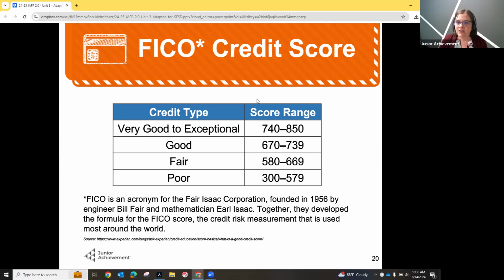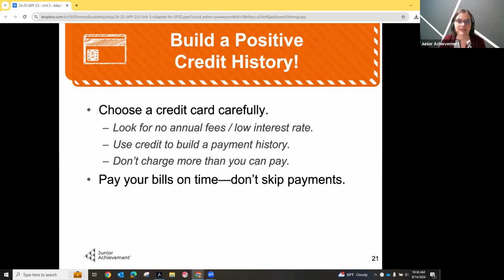This does talk a little bit more in the lesson plan as well, just a little bit about how to talk about those different score ranges and how it can affect your ability. And basically, you really want to build that positive credit history to be able to be successful as you move forward, because there's a lot of things we can pay for with cash, but obviously there's a lot of things that we might not be able to, like housing or a vehicle or student loans.